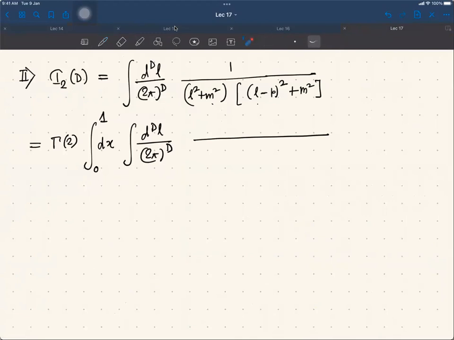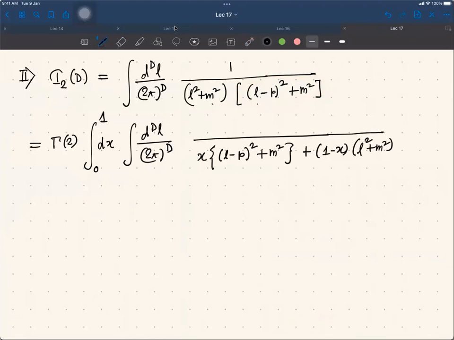It doesn't matter. So let me take these as alpha 1, this as a1. So x times this, alpha 1 times this means x times that, plus 1 minus x times L square plus M square.